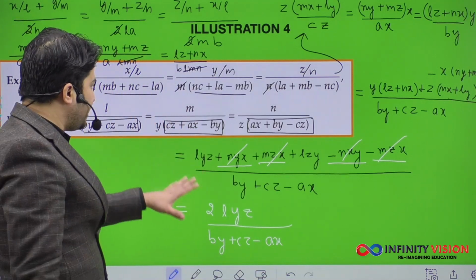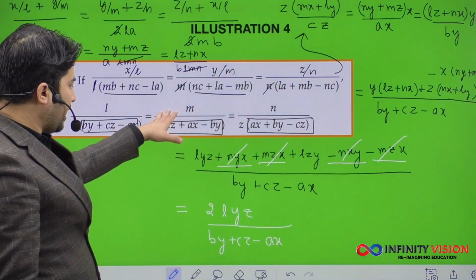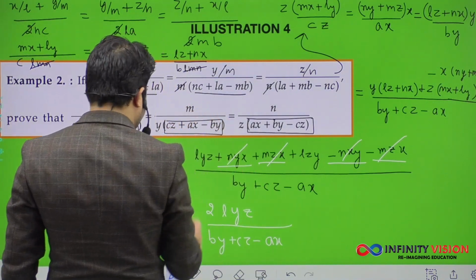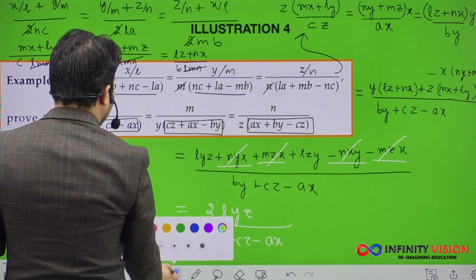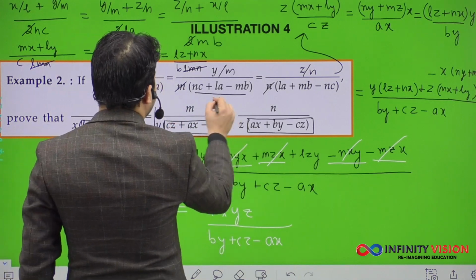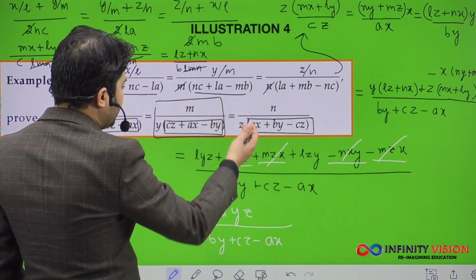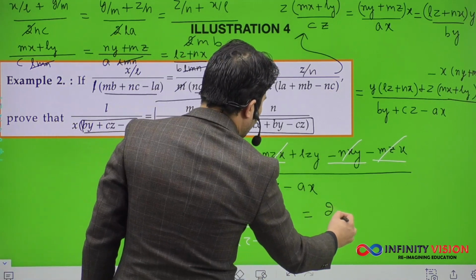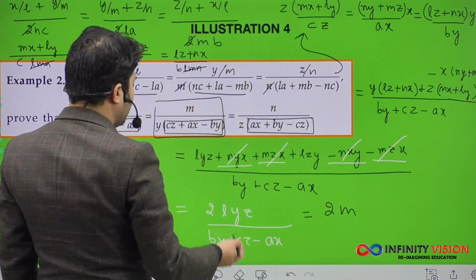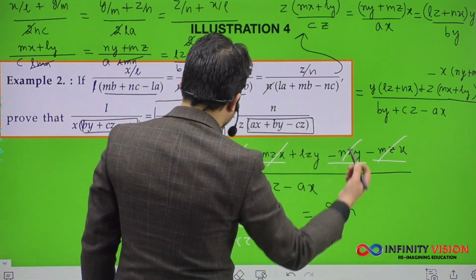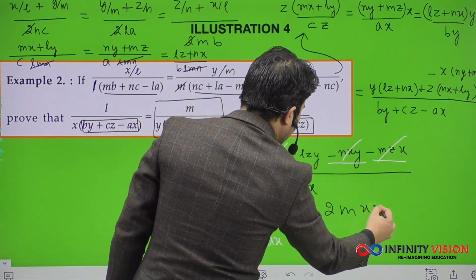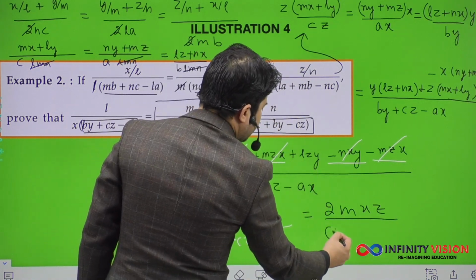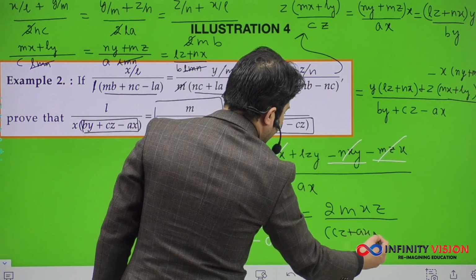With the same symmetry, if you try to do that, I am sure you must have guessed the second one. If you try to do cz plus ax minus by, you can easily guess that that would be equal to 2m into xz upon cz plus ax minus by.